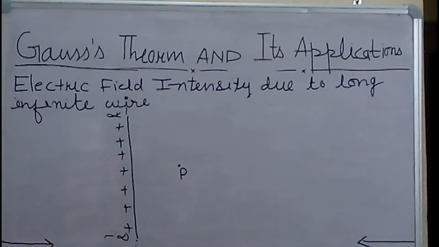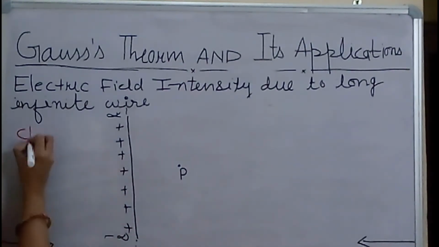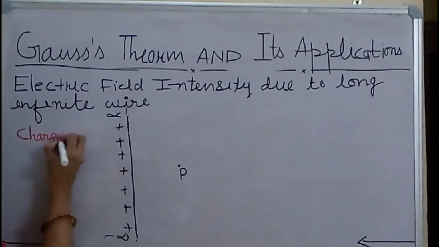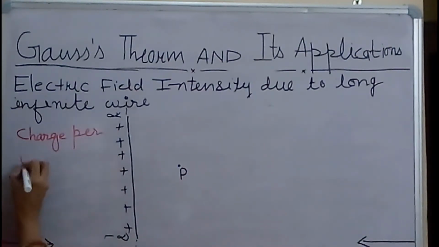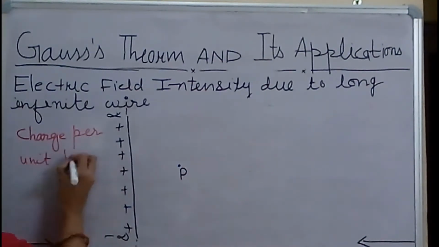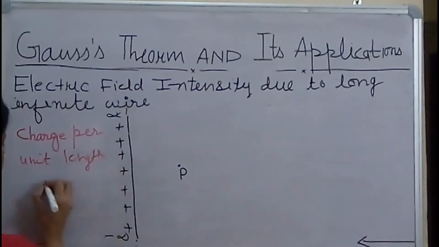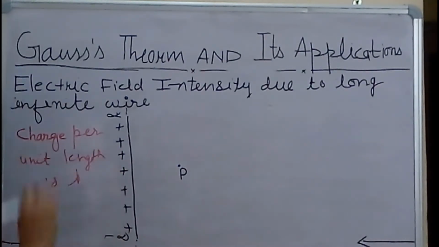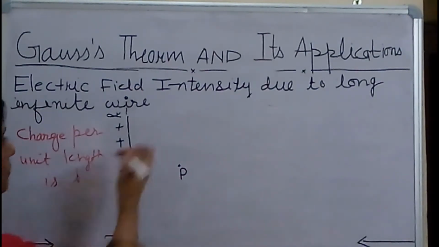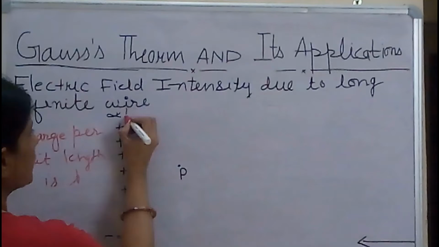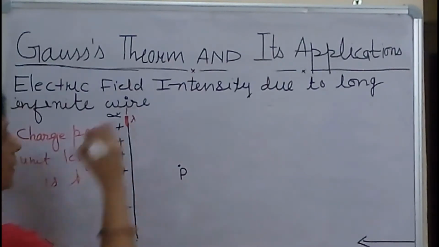One thing is given in this wire. What is that? Charge per unit length is lambda. Here charge is not q. Remember this, this is a very important point. In 1 unit length, charge is lambda.